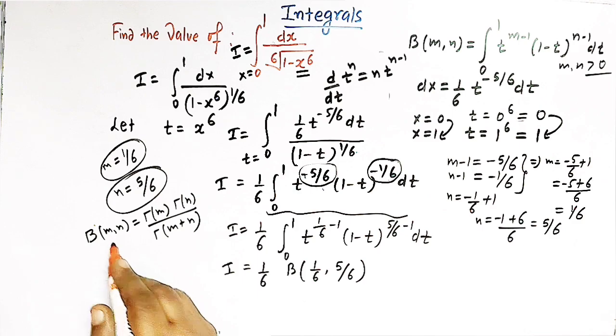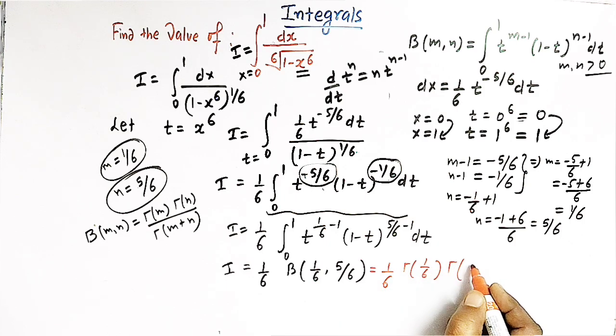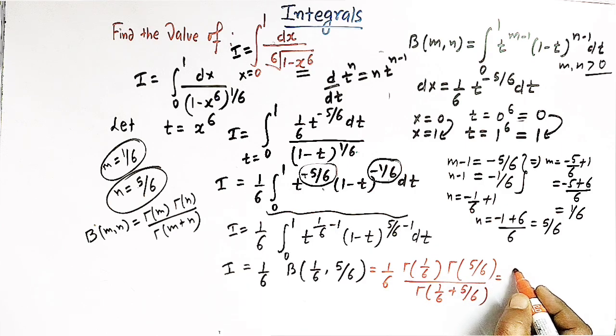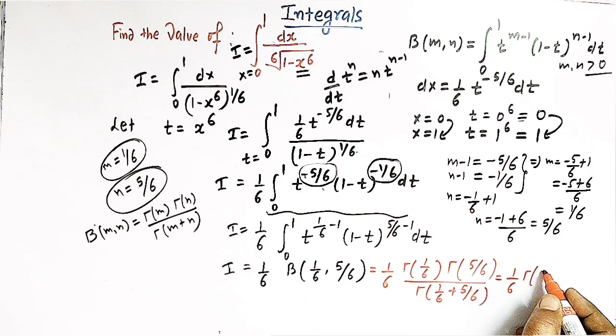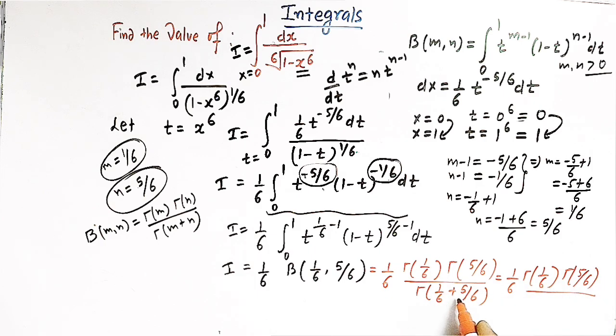Using this relation, we can write 1 over 6, then gamma 1 over 6 times gamma of 5 over 6 divided by gamma of 1 over 6 plus 5 over 6, which is 6 over 6, that is gamma 1, and gamma 1 is equal to 1.